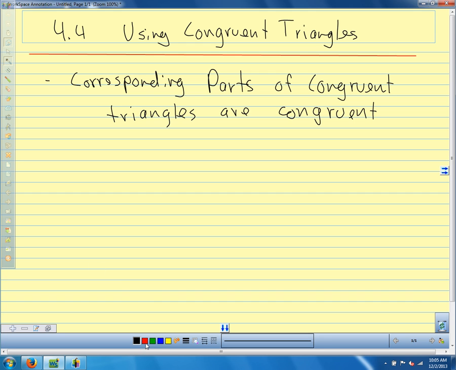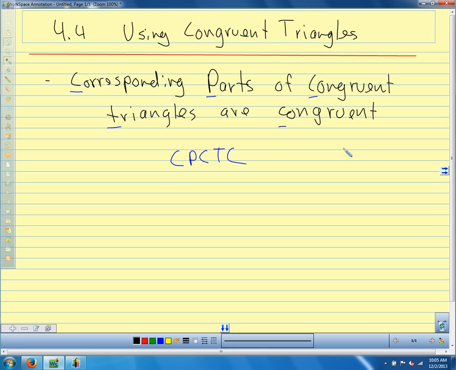And what I wrote on the board was kind of an acronym. We say CPCTC: corresponding parts of congruent triangles are congruent. We use that to shorten it so we don't have to write this out. The idea with CPCTC is we show that triangles are congruent in order to get to the parts that we want to show are congruent.